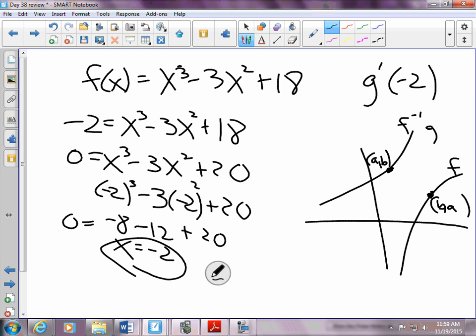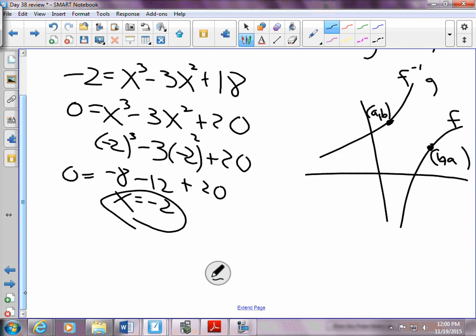Then what you got to do, you remember you got to take the derivative of the original function. So we're never actually going to get the inverse. We're going to use the slope on the original function over here and then take the reciprocal. You're sneaky. So you take the derivative of the original function you have. So that's 3x squared minus 6x.